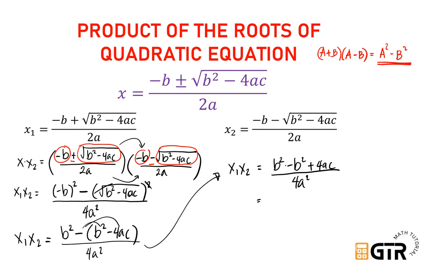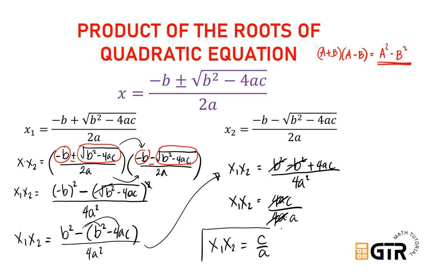Simplify further, b squared minus b squared cancels out, that is equal to 0. So the product is equal to 4ac over 4a squared. We can write 4a squared as 4a times a, so we can cancel 4 and cancel one a. Therefore, the formula for the product x sub 1 times x sub 2 is equal to c over a.